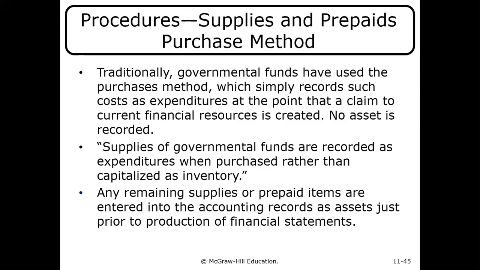For example, City of Philadelphia discloses that supplies of governmental funds are recorded as expenditures when purchased rather than capitalized as inventory. So any remaining supplies or prepaid items are disclosed, okay, but they're not reported directly on the fund financial statement.